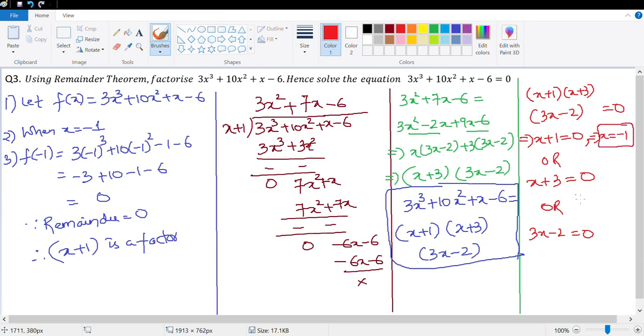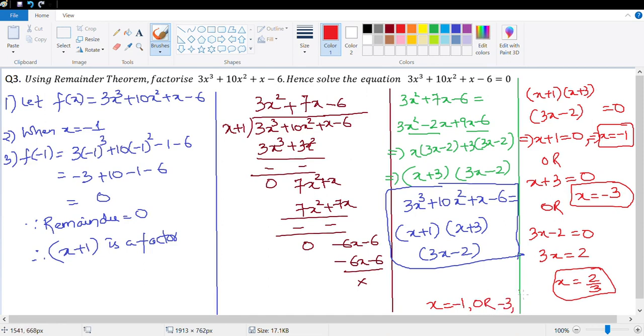If x plus 3 is equal to 0, then x is equal to negative 3. And if 3x minus 2 is equal to 0, which means 3x is equal to 2, or x is equal to 2 by 3. So the values of x, that's what they wanted us to find. So x is equal to negative 1 or negative 3 or 2 by 3. That's the value of x when the given expression is equated to 0.